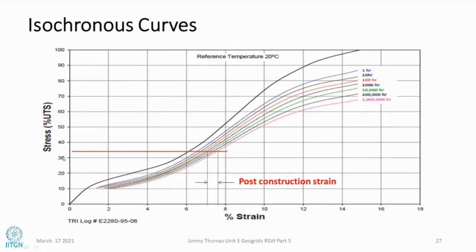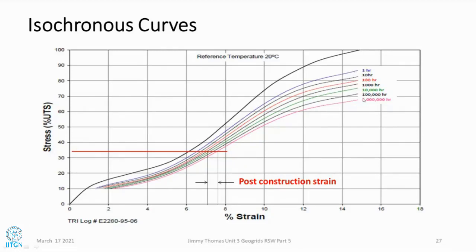We can conduct creep tests at 30% of the ultimate tensile strength, 40%, 50%, etc. Then we construct these curves. The uppermost curve is our normal tensile test. That means if you put a specimen in a tensile testing machine and stretch it at a particular rate of displacement, we get this curve. This is for different times, 1 hour, 10 hours, etc.